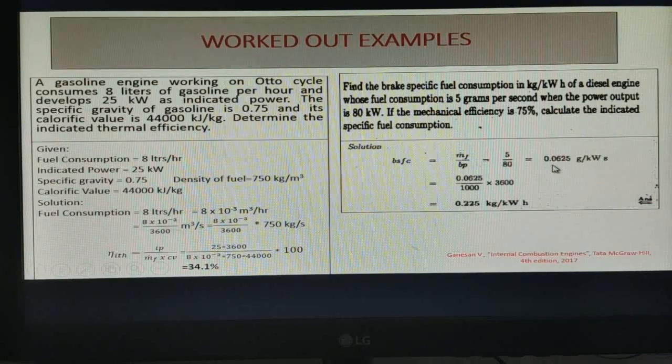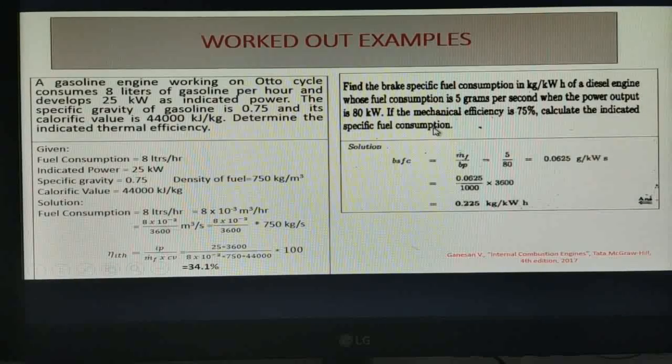So you will get 0.0625 grams per kilowatt second, because the fuel consumption is given in 5 grams per second. Then we convert it into kg per hour: dividing by 1000 gives kg, and multiplying by 3600 converts into hours. The final answer for brake specific fuel consumption is 0.225 kg per kilowatt hour.